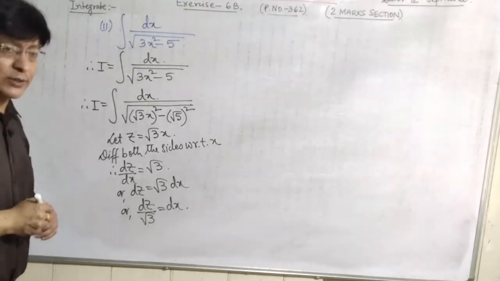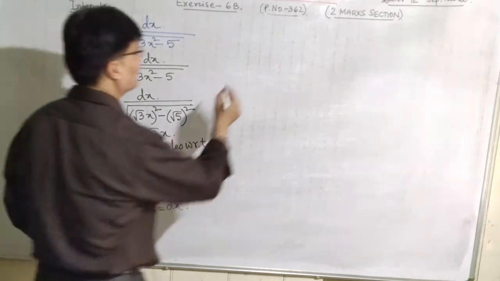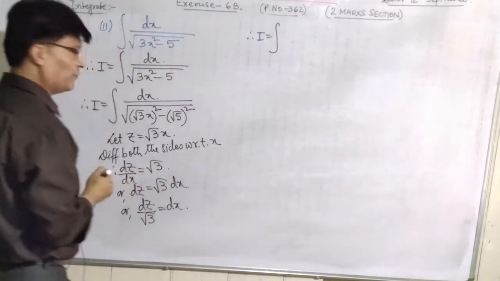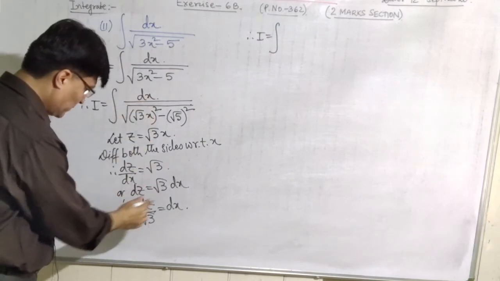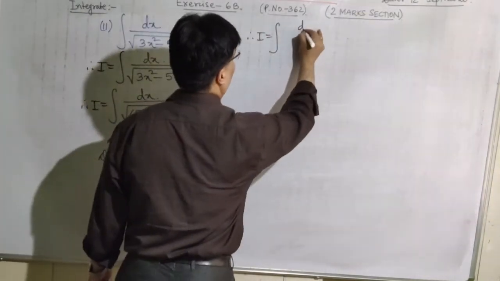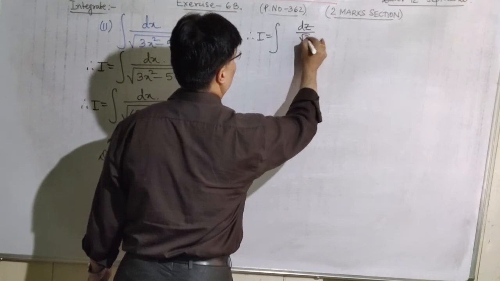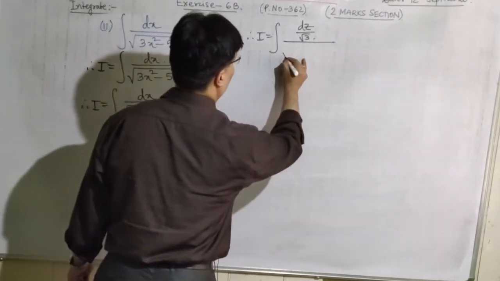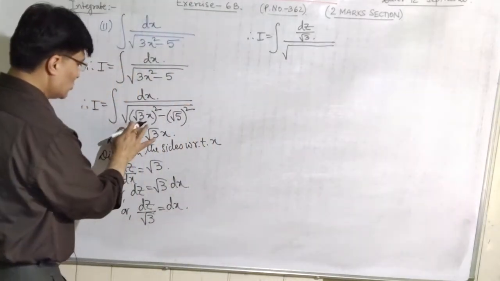So I think you have understood it. So let us put these values in I. Therefore I is equal to integration of, what is dx? It is dz by root 3, divided by root over, what is root 3 into x?